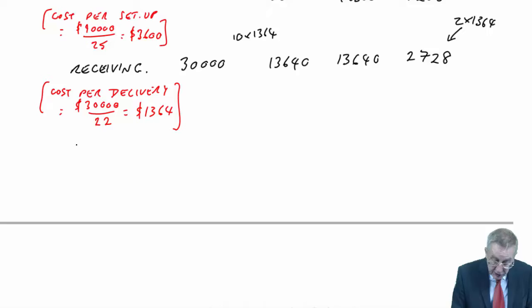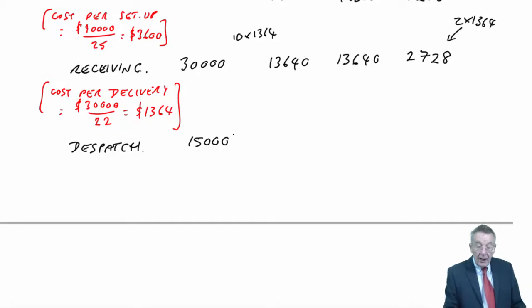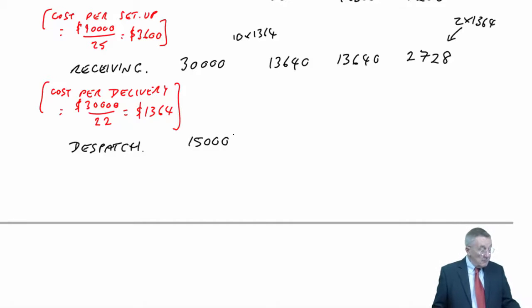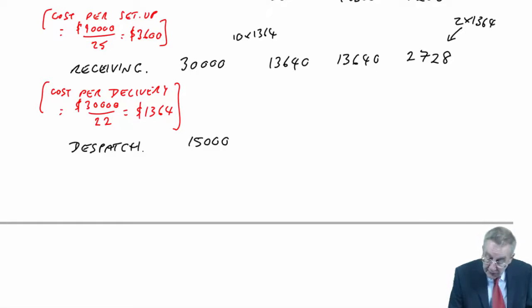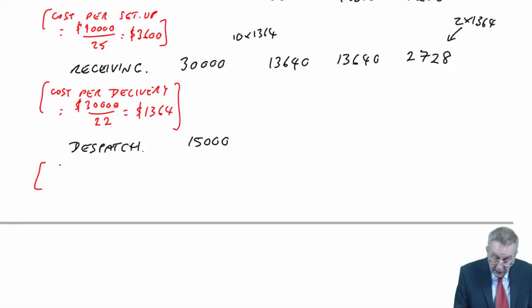The next one, dispatch. Total 15,000. And again, looking at the information, the obvious way of charging that would be based on the number of orders dispatched.